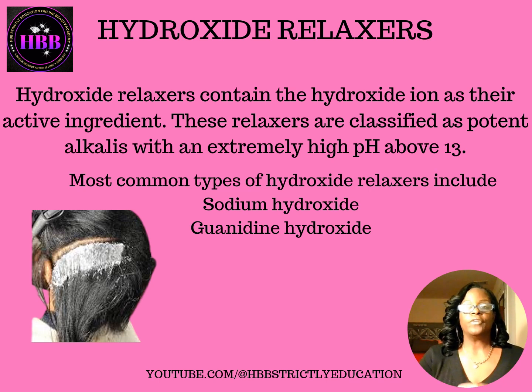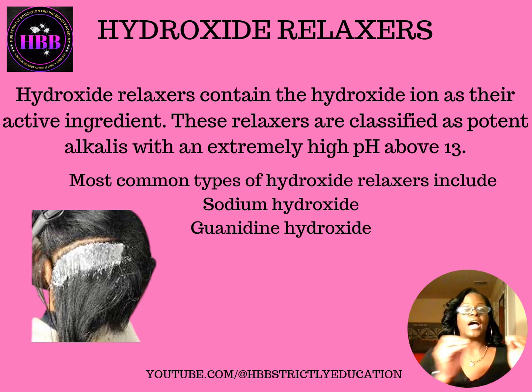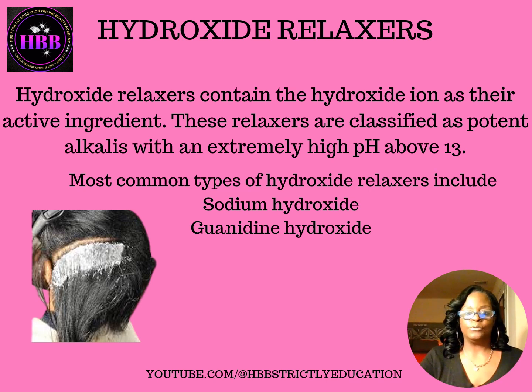Now, with these hydroxide relaxers, you see it's a hydroxide ion, this is just a part of what makes the compound alkaline. Remember, alkaline is from 7.1 to 14 on the pH scale.